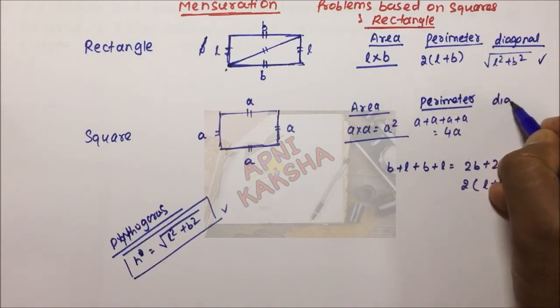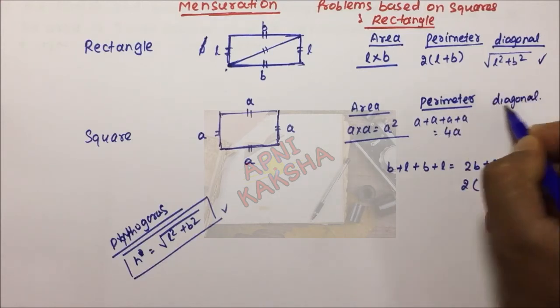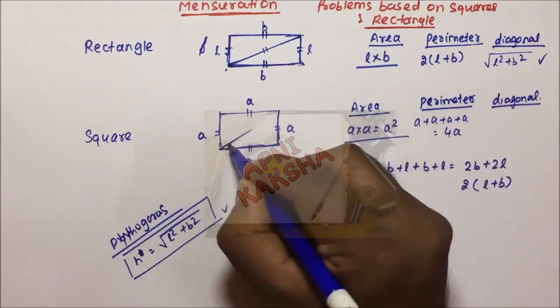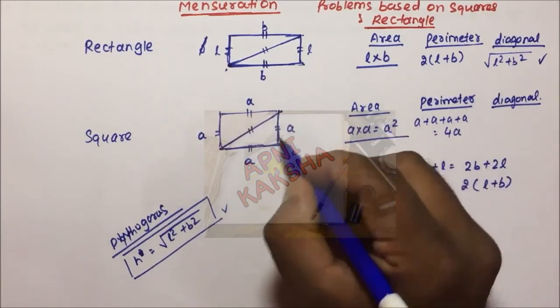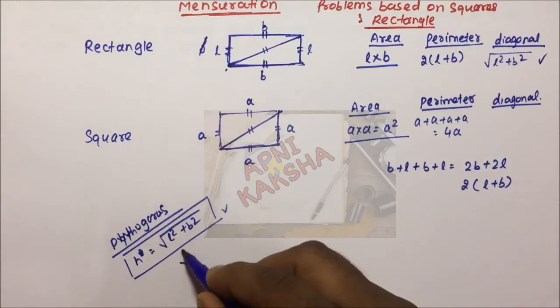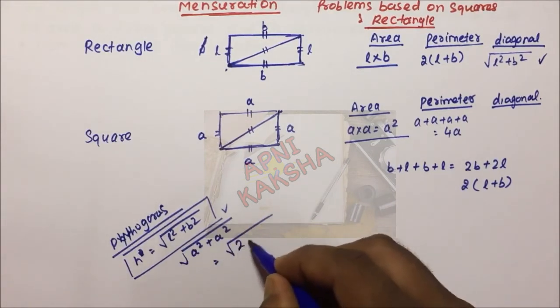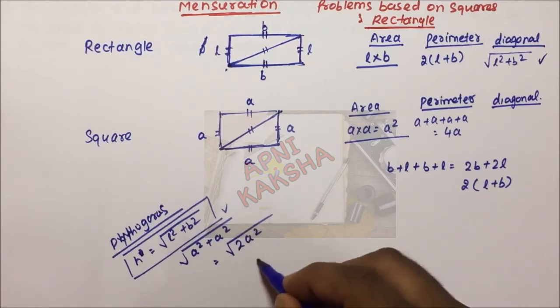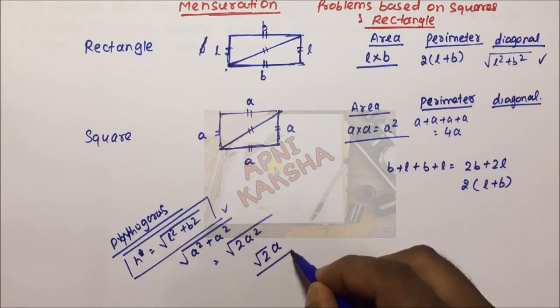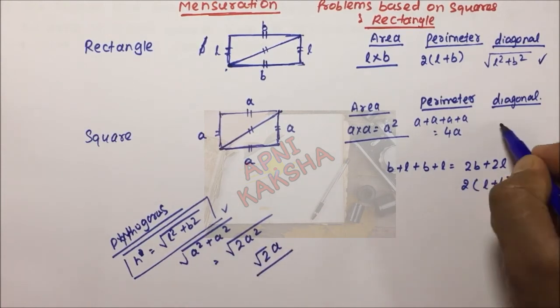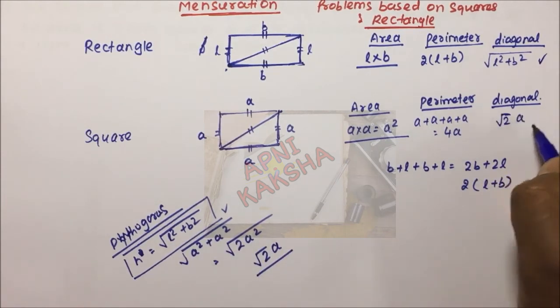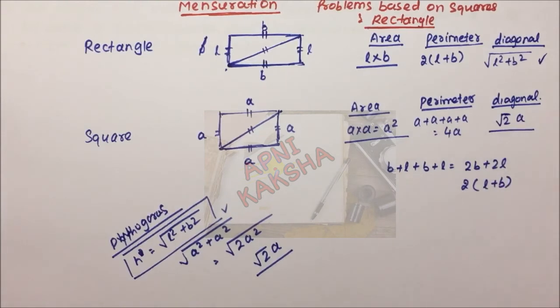And for the diagonal, the hypotenuse will be the square root of A square plus A square, that is 2A square. So taking A out, the diagonal will be the square root of 2 times A. So this is what we have to keep in mind before solving questions on rectangles and squares.